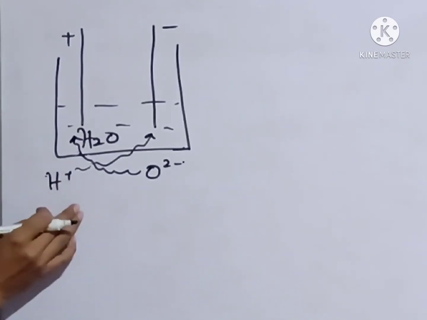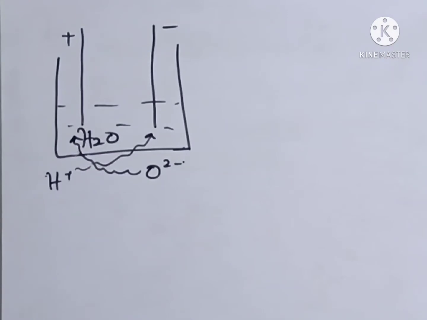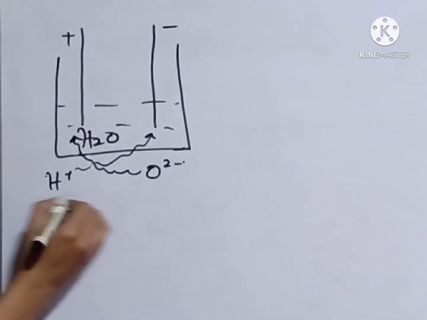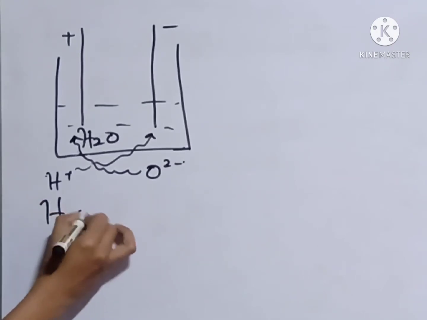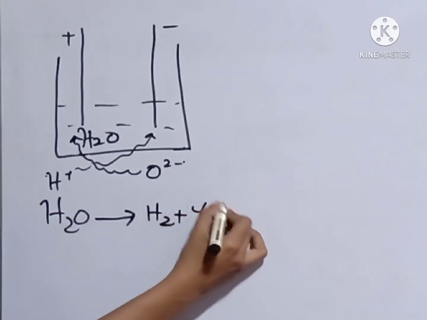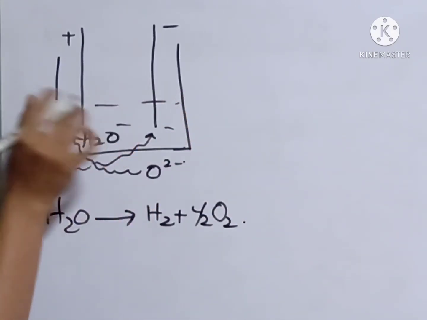That is, cations will move towards the cathode and anions will move towards the anode. Right. So the entire cell reaction can be represented like this. Water will be dissociated into H2 plus half O2. That is hydrogen gas.